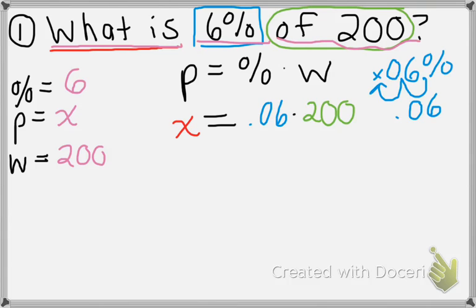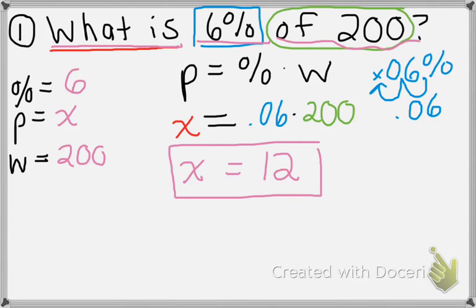All you really have to do is multiply, because X is already by itself. So X equals 12. 200 times 0.06 is 12. So what is 6% of 200? 12 is 6% of 200.